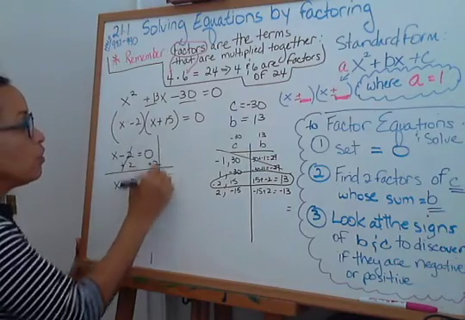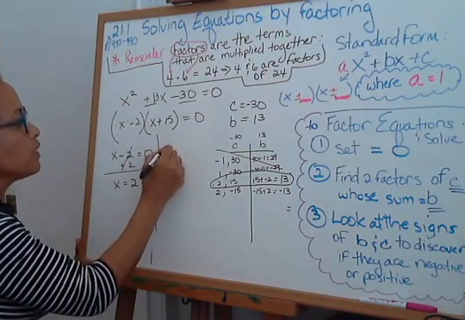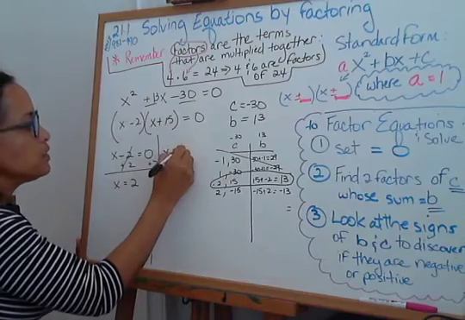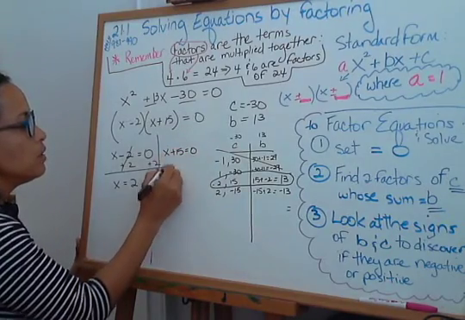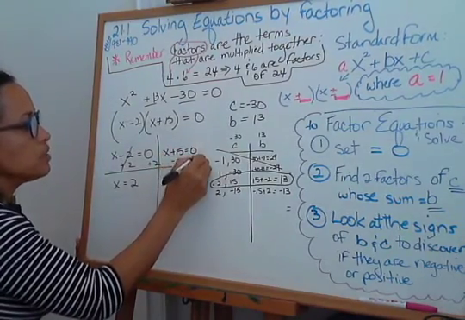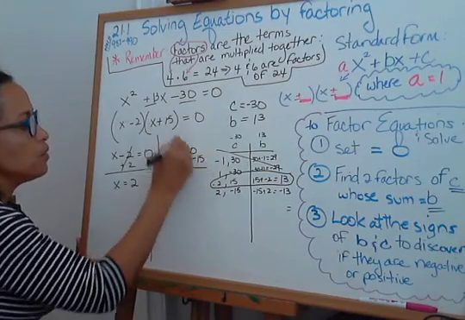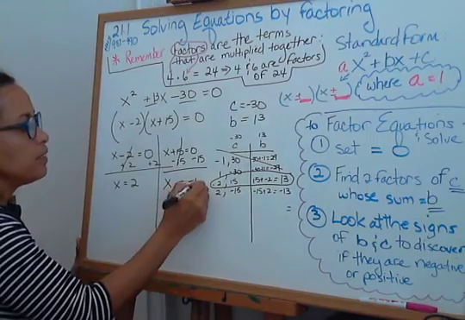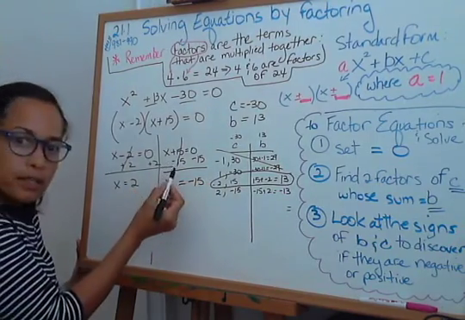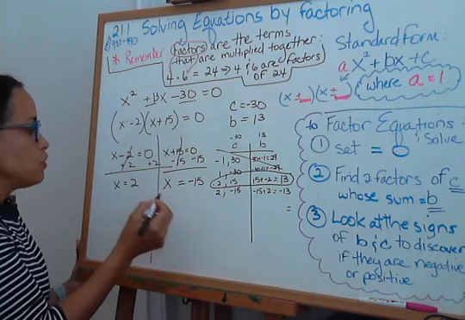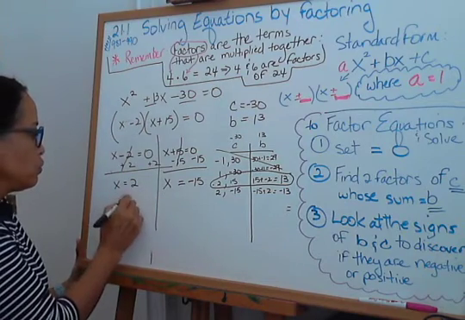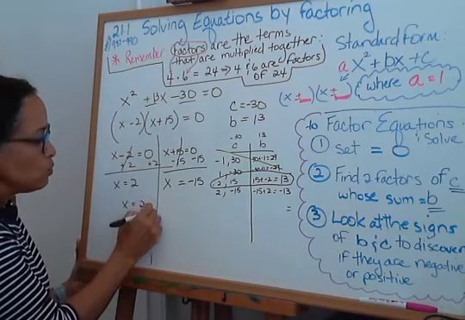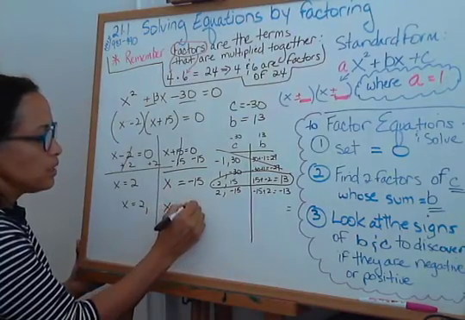Now I'm going to solve for the other quantity, x plus 15 equals 0. Inverse operations again on both sides helps me get x by itself. X equals negative 15. I added negative 15 to both sides. So my solutions are x equals 2 and x equals negative 15.